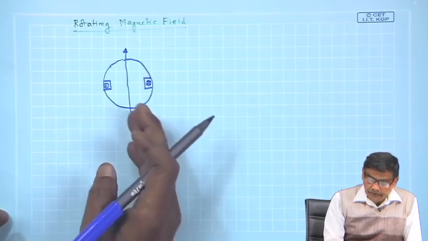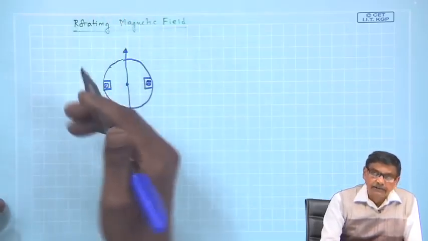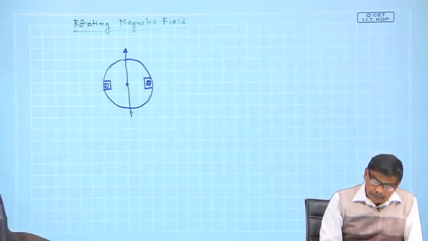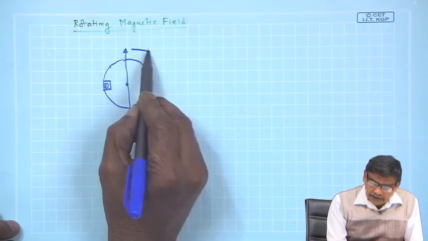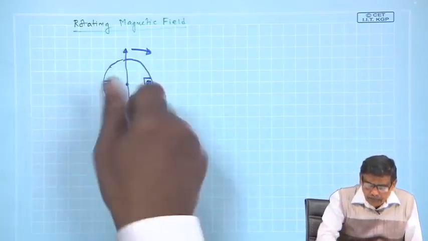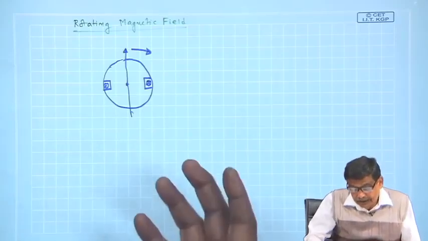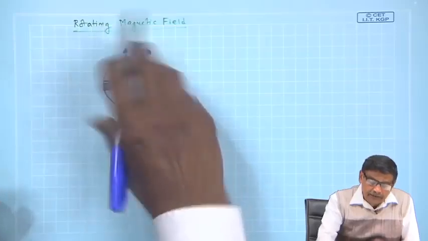And if you keep it just like this, it will be a stationary sinusoidal field if you neglect harmonics. Then you rotate it by some external means, that is by a prime mover, and you have created a rotating magnetic field. This is north, this is south, and it will rotate.